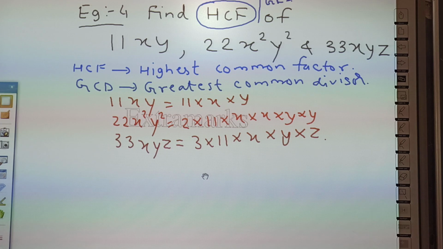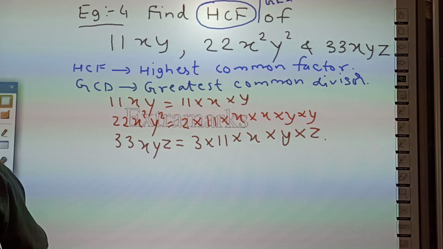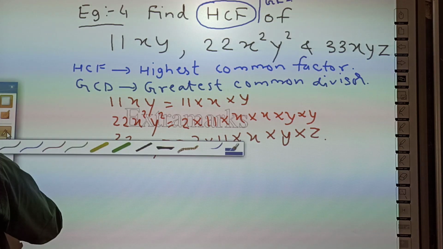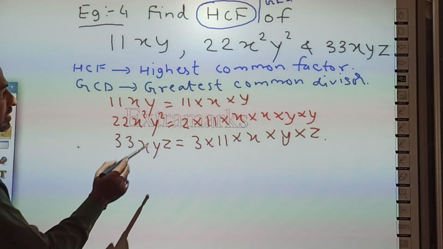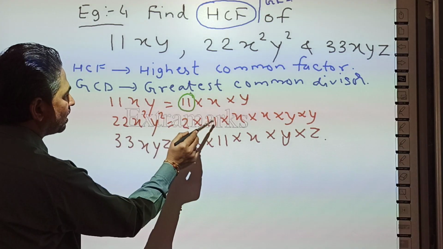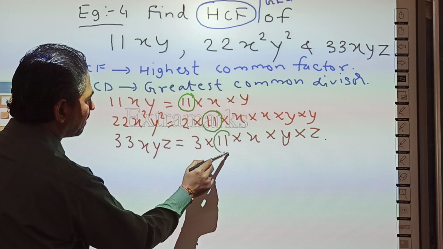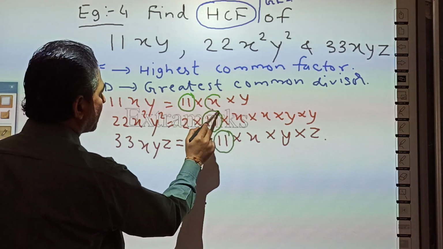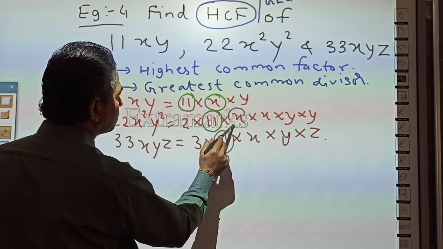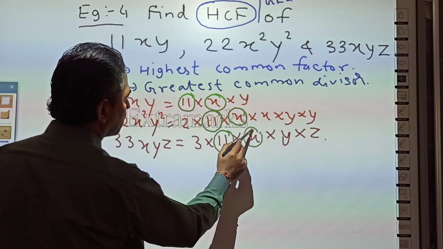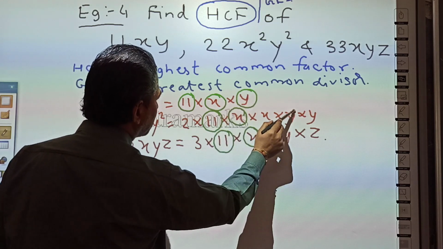Now let's see what the common factor is here. We observe that the common factor has to be in all three. 11 is common in all three, x is common in all three, and y is also common in all three.